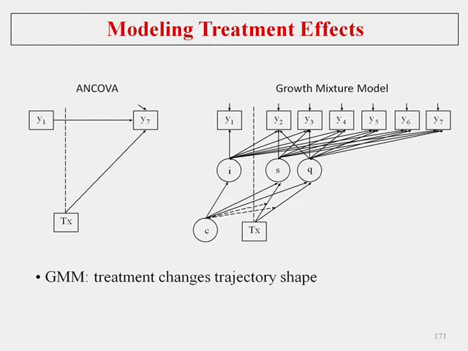Now, a more thoroughgoing investigation when you have longitudinal data would look at not only Y1 before treatment, the baseline value, and say the last time point, but every time point in between.